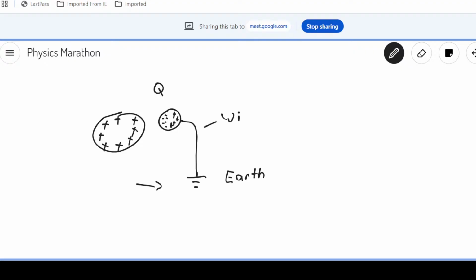All right. But because it's connected to the positive side of Q, the electrons are going to be attracted to it. So it's going to have the same effect as if you connected a wire to the positive sphere. Same effect.